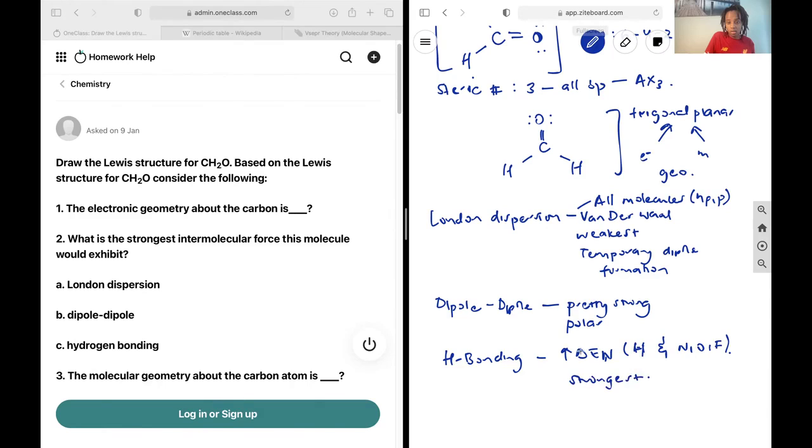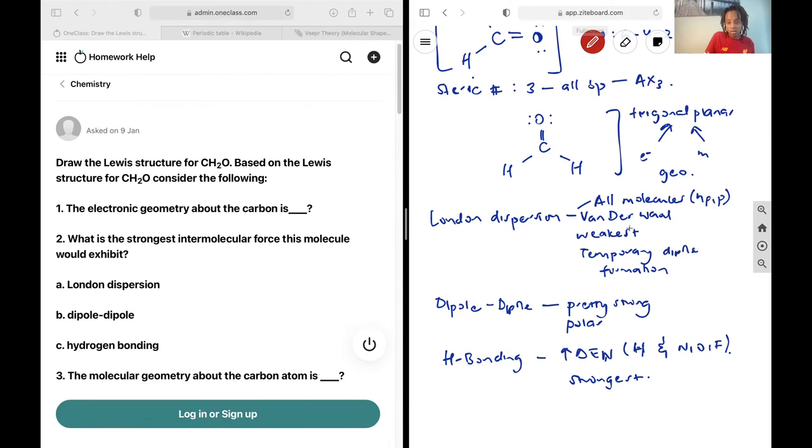Because the difference in electronegativity is so high, the electrons are much, much closer to the nitrogen, oxygen, or the fluorine, and that gives a very high partial positive charge to the hydrogen and a very high partial negative charge to the oxygen, and that allows it to pull ionic species apart and isolate them. And so we just need to note which ones are possible in what we have.